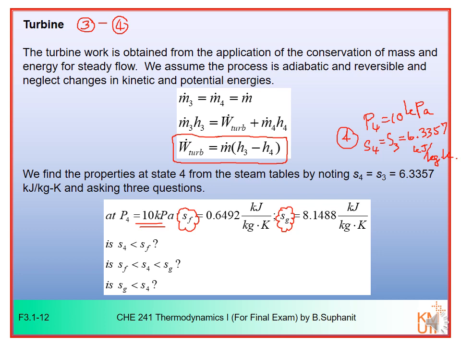If our S4 is less than SF, it means that point 4 would be subcooled liquid. If S4 is greater than SF but less than SG, it means point 4 is in the mixed phase region.